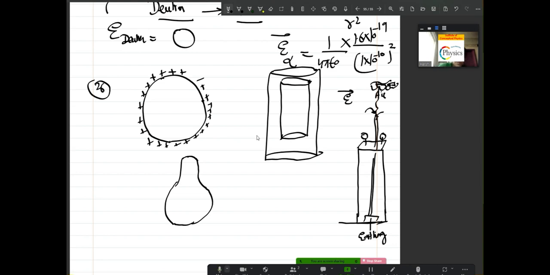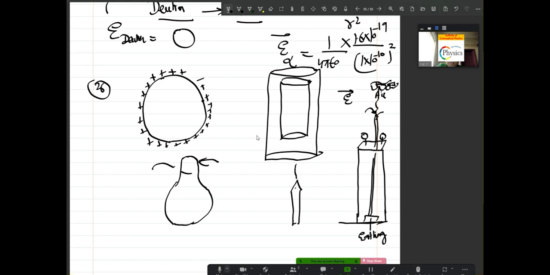Now let's talk about a pier. Do you see a pier also has a shape which has some pointed stuff like this, right? It's not as pointed as a lightning conductor. The lightning conductor is too pointed.